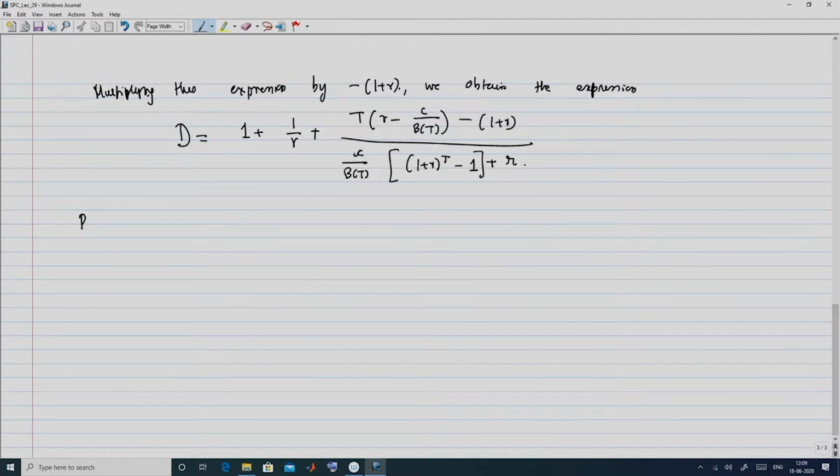We next come to the second property, that is the duration in terms of yield to maturity.